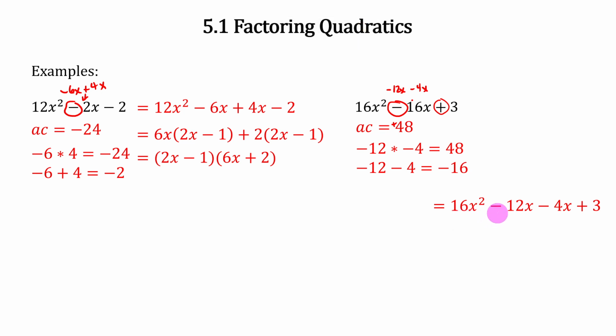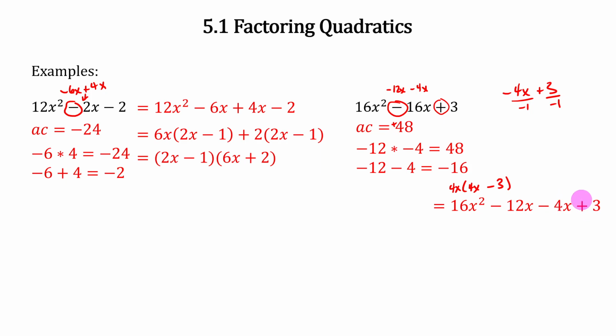So here I can factor out a 4x. And same thing, I'm going to just reiterate this, negative 4x plus 3. I'm going to factor out the negative 1. I know that's weird. Idea being, if I just left this, I'm going to get 4x and 4x minus 3.